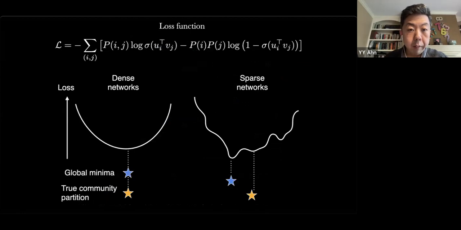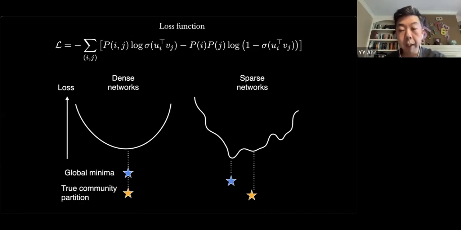I'll skip a little bit. Another ingredient I think node2vec has is stochastic gradient descent. The reason why stochastic gradient descent works so well is that it has some kind of self-regularizing property. If the network is dense and you have a lot of data, your global minima and the true minima match.